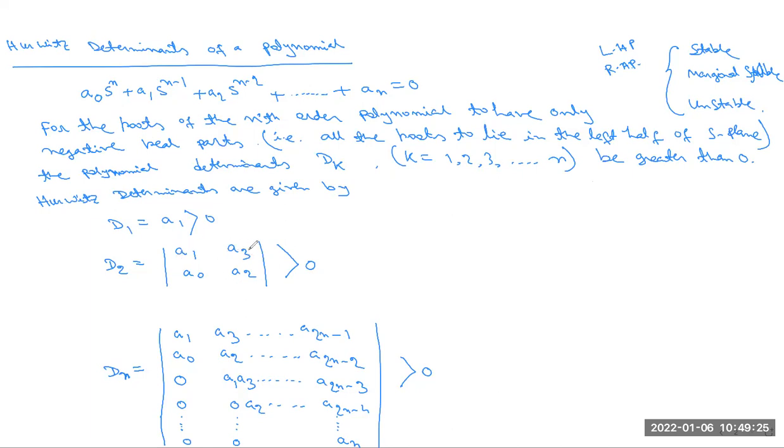When you calculate this value, it should be greater than 0. When it is greater than 0, that means the stability is perfect for the Hurwitz determinant format. These are the n number of terms. When you calculate the n number of terms, this is the basic process. Okay, is it clear, all of you?